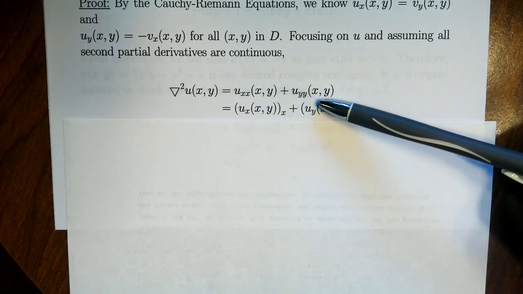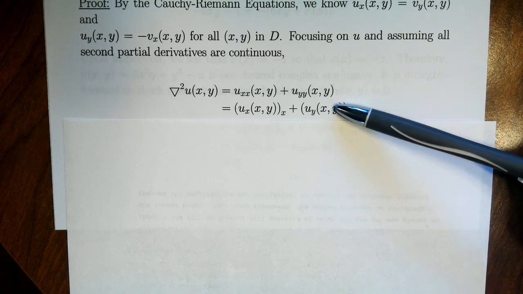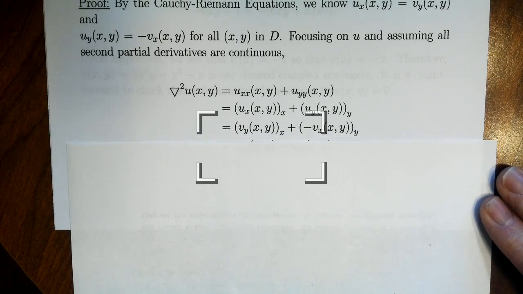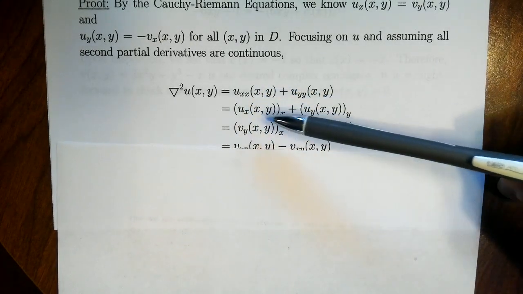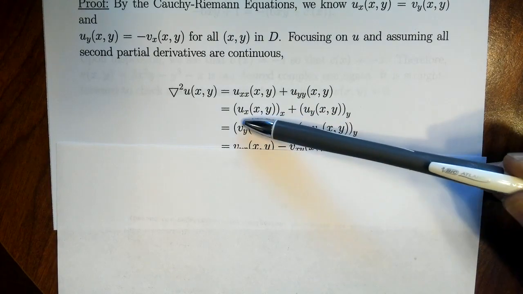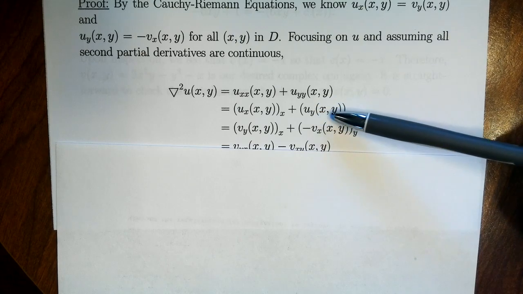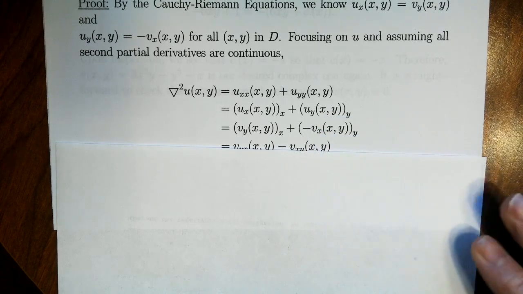And when we take the second partial with respect to y, that's the same as taking the first partial with respect to y and then taking the partial of that with respect to y again. But the Cauchy-Riemann equations say that the first partial of u with respect to x is the first partial of v with respect to y, and the first partial of u with respect to y is minus the partial of v with respect to x.